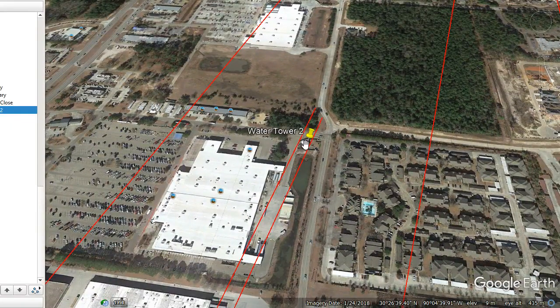So if anything, this water tower would be directly behind the first one, I guess. Maybe we're somehow kind of seeing both blended together. I don't really know.